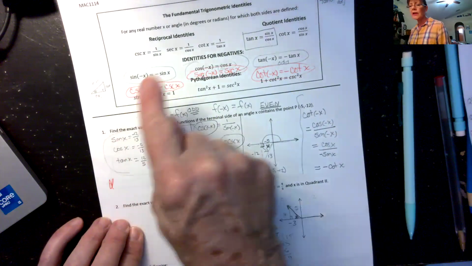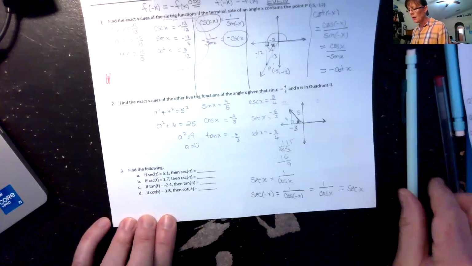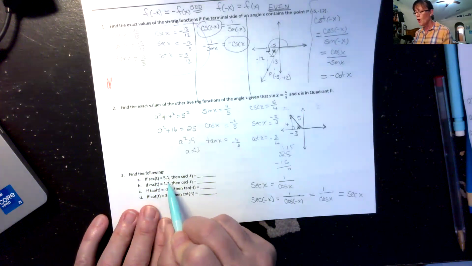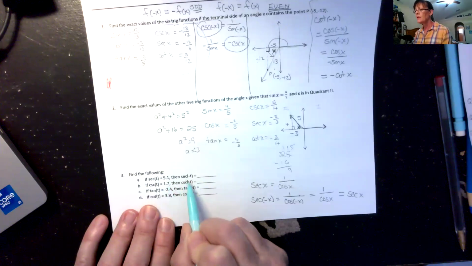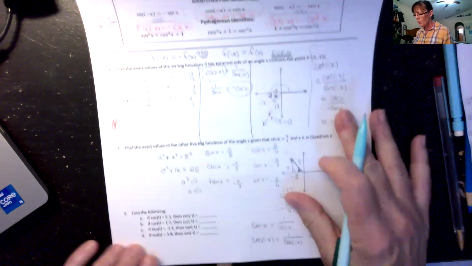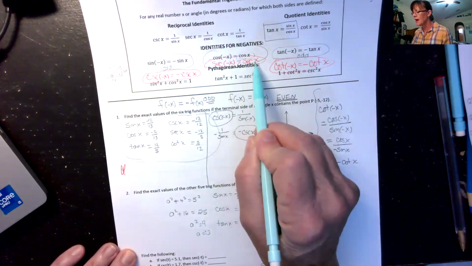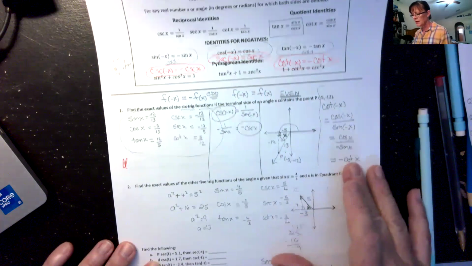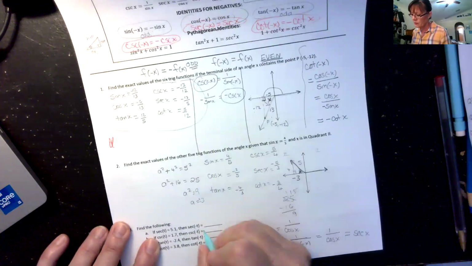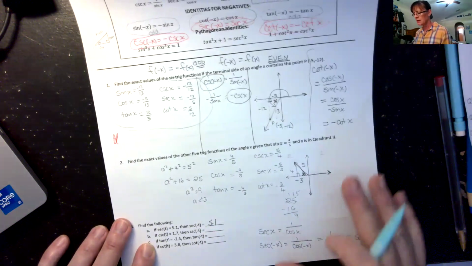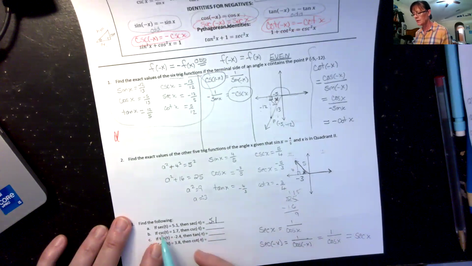Now, we needed to develop these 3 because of question 3. If the secant of t is 5.1, then the secant of negative t is, well, if we know that the secant of negative x is the secant of x, then we can say that this is also 5.1. Even though we don't know what angle t is, we know that's true because this is an even function.